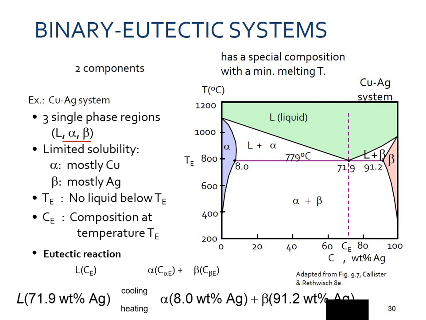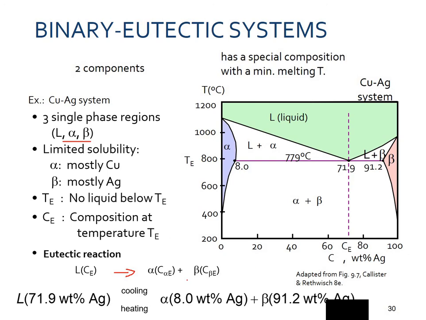Now T is the eutectic temperature, at this composition. The eutectic reaction is that a liquid with this composition will be converted directly into alpha and beta.